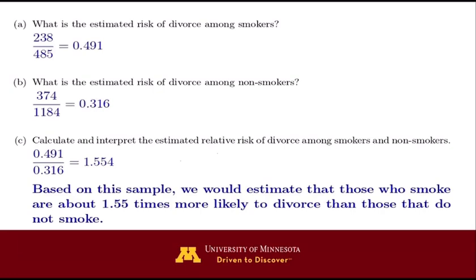If I really want to get the strength of the association, I need to compute relative risk. Relative risk is what I got for smokers divided by what I got for non-smokers, and that gave me 1.554.